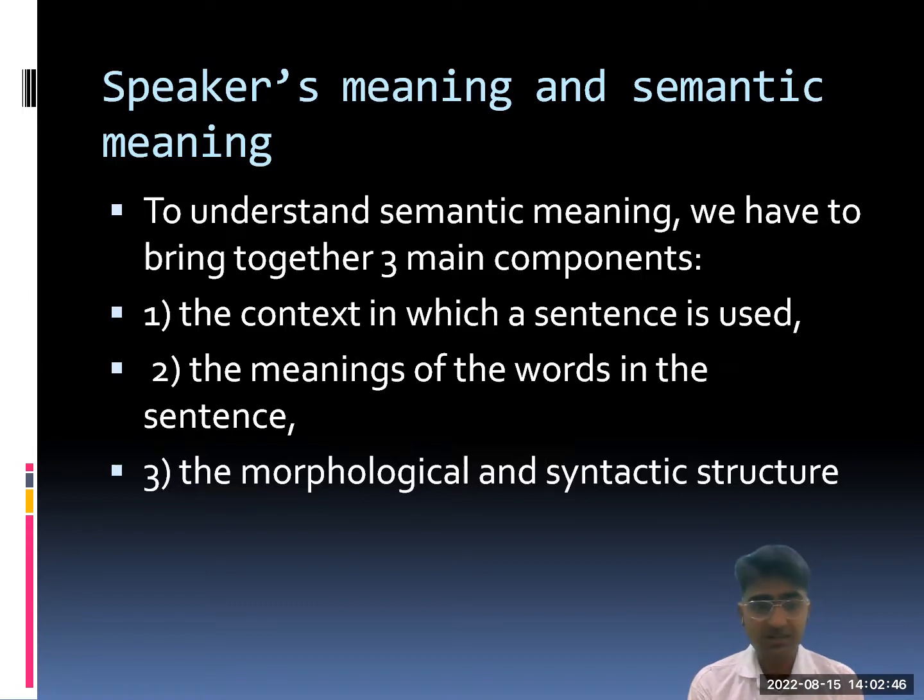Point number one, the context in which a sentence is used, as I have already stated with an example. Point number two, the meanings of the words in the sentence. And point number three, the morphological and syntactic structure.